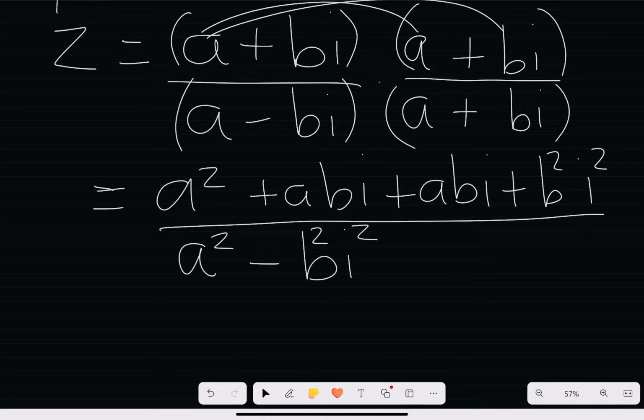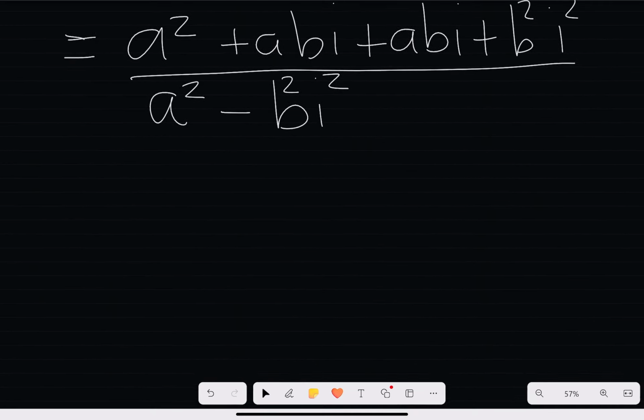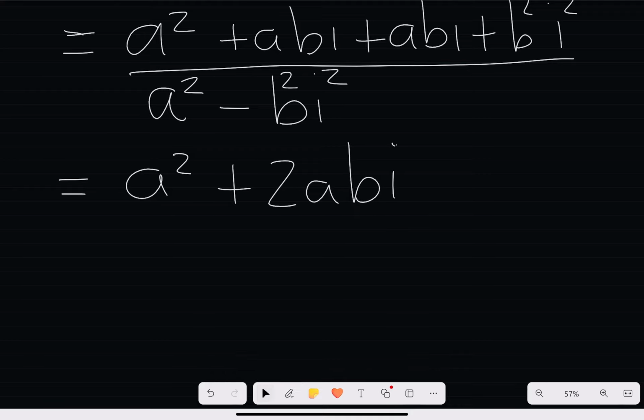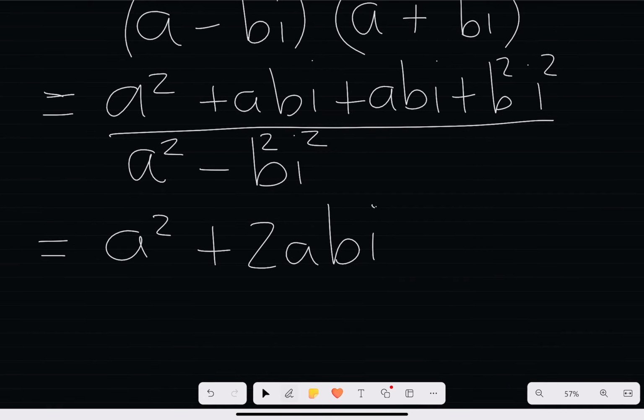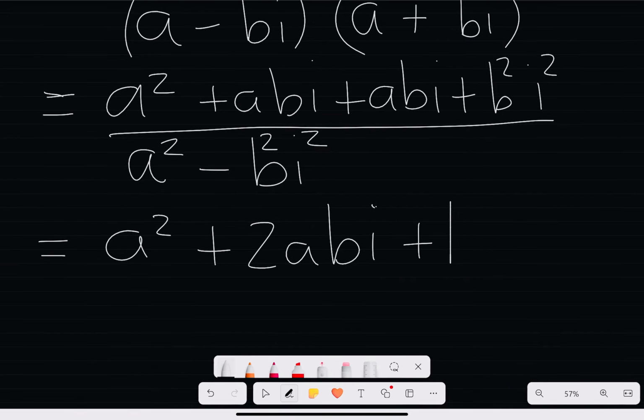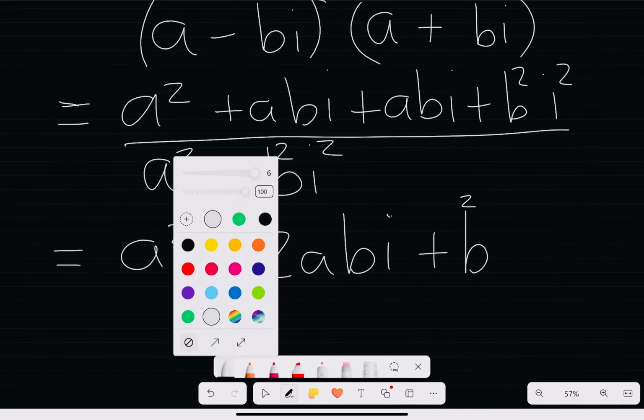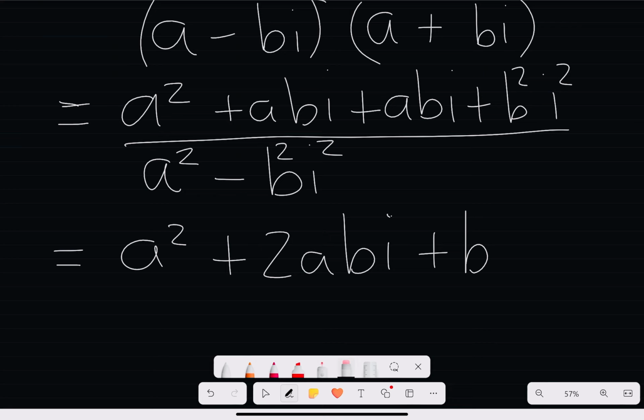And then let's keep on going. On top, we have a squared plus, these two are like terms, so we have 2abi. And then we have plus b squared i squared.